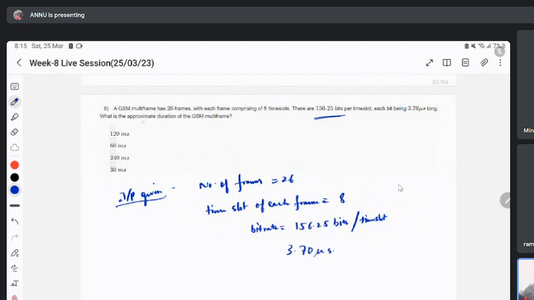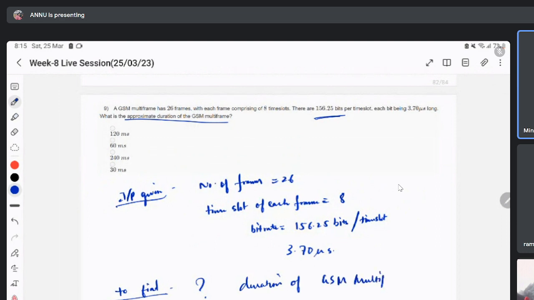What is the approximate duration of the GSM multi-frame? To find it, simply multiply everything. I am getting 120.25 milliseconds, so it will be A.